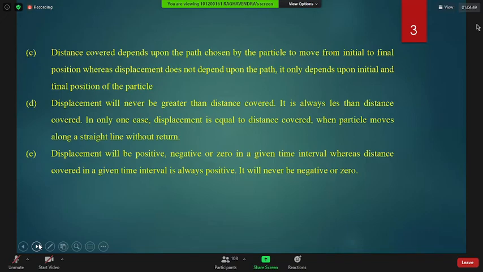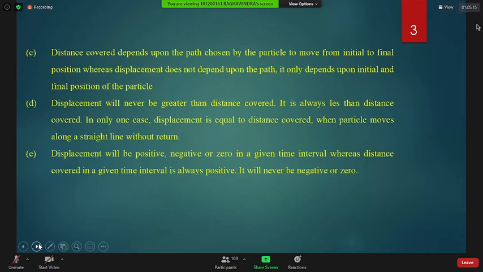Whereas displacement only depends upon initial and final position. It will not depend upon the path at all. So displacement will not depend upon the path, only on the initial and final points.